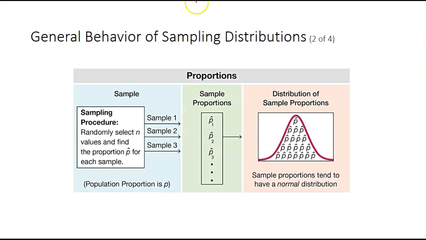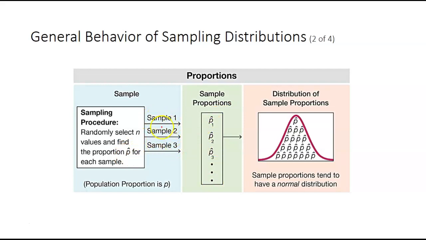Okay, so with a sampling distribution, we're going to randomly select n values. So we're going to pick a certain number of values, and then for each sample that we gather, we're going to find the proportion for that sample. We're going to record those proportions for a lot of different samples.